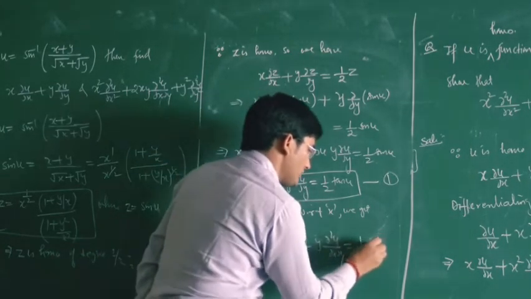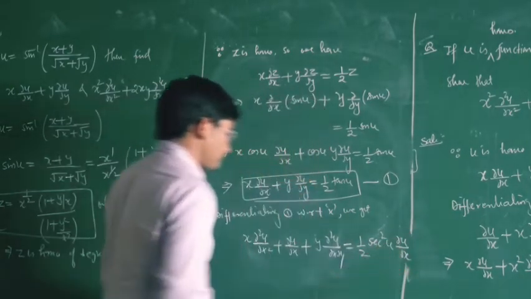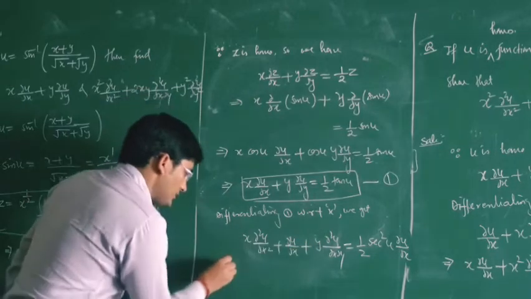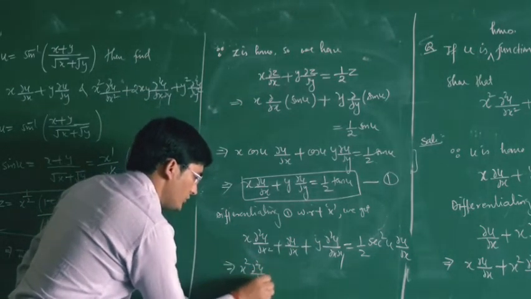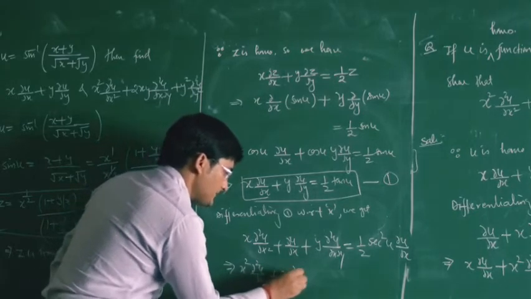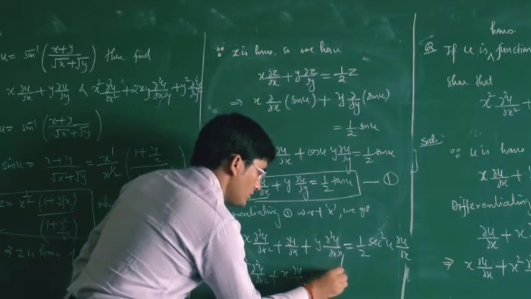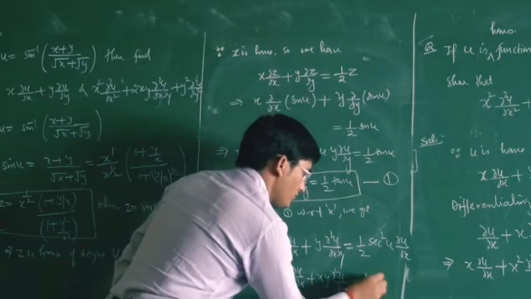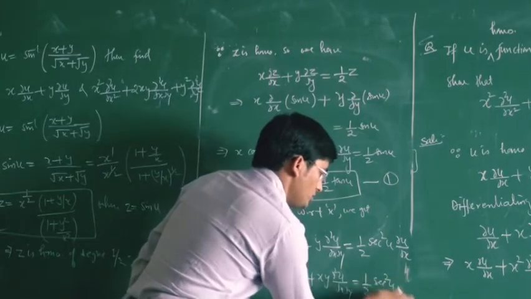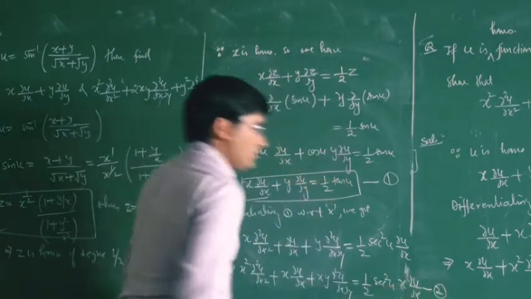Differentiation of tan will be sec square u, and then differentiation of u will be del u upon del x. And multiply this equation by x. So we have x square del squared u upon del x squared plus x del u upon del x plus xy del squared u upon del x del y equal to half sec square u into x into del u upon del x. So this is equation number 2.